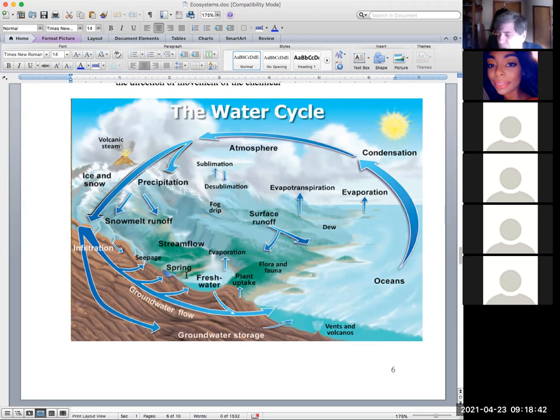But if you know anybody who lives in a rural area or someplace where there's not a reliable city source of water, if you dig a well today, that well has to be dug deeper than if you would have dug it 20 years ago or 50 years ago. Why? Because humans have taken so much water out of the groundwater, the water table is going down. So that's a potential problem that we face.